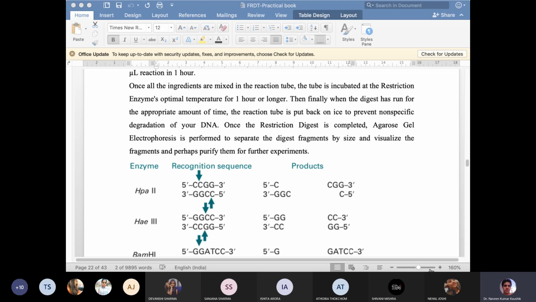There are various websites that you can use to find which recognition sequences are there in it, and which enzymes you can use to produce a cut.